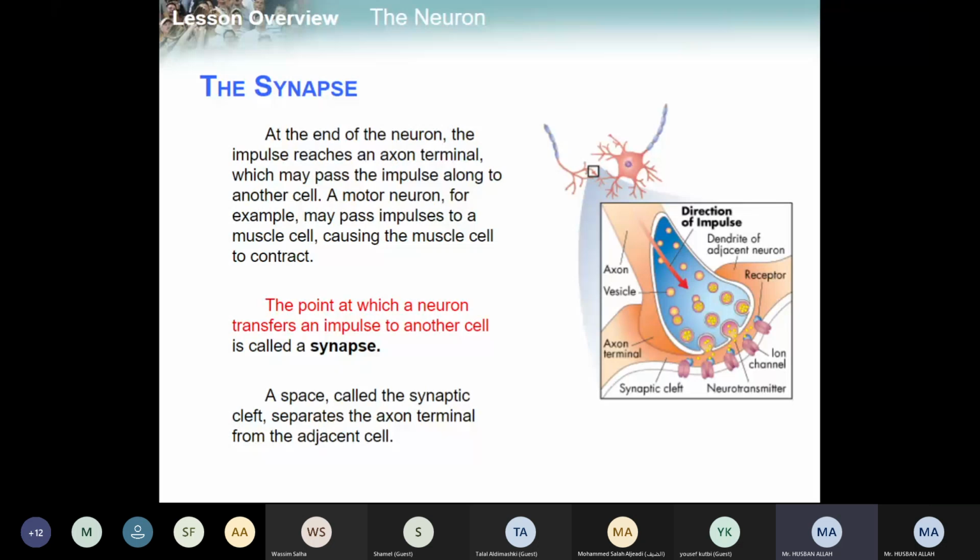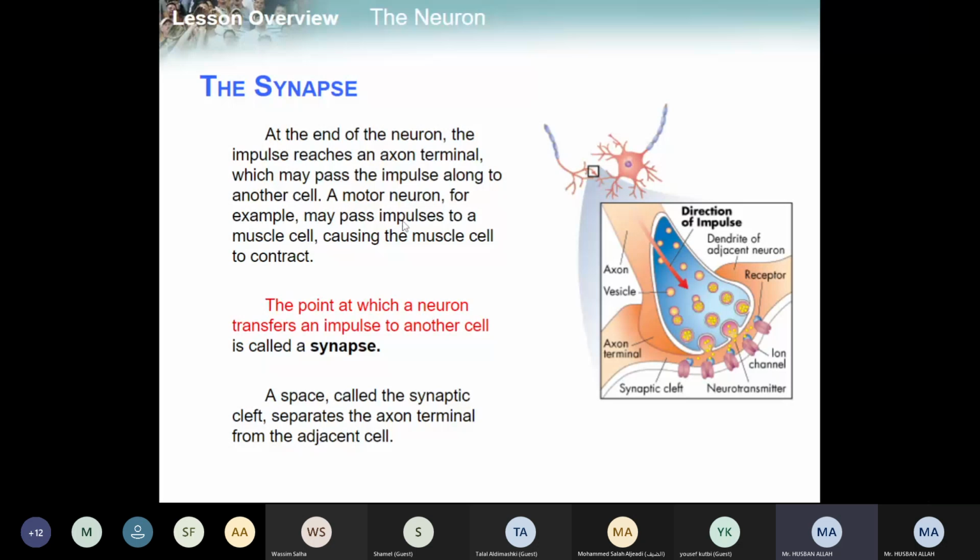And from the axon terminal, it will travel to the next neuron. So the junction between the axon terminal and the dendrite of the next neuron, where this transfer occurs, is called what? This is called a synapse.